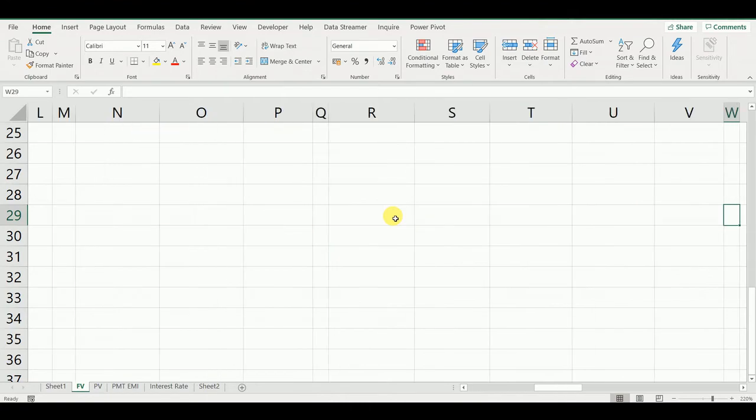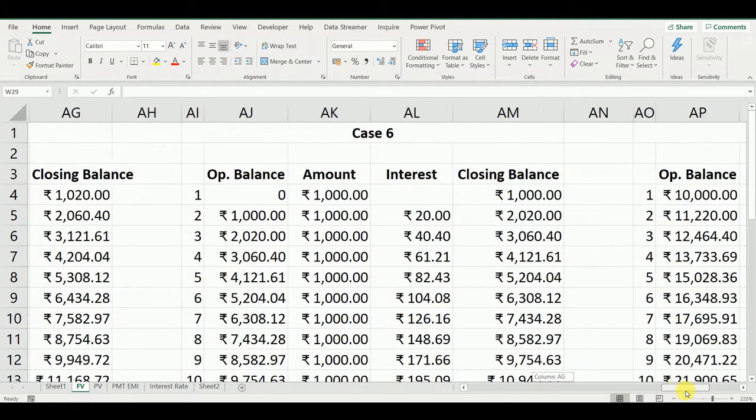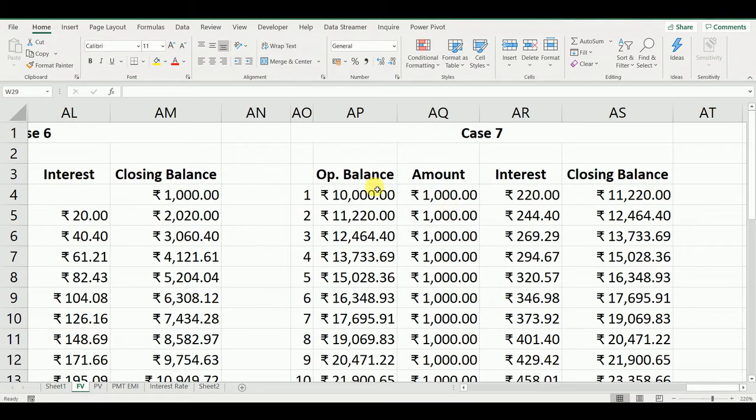So this also we can verify from our manual calculation. In this case, our opening balance is 10,000 rupees and we are investing 1,000 per quarter. So we are getting the interest of 220, that is 10,000 plus 1,000 into 8% divided by 4, as quarterly payment is there.